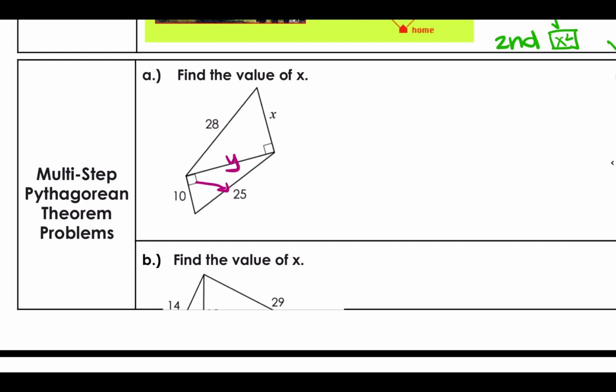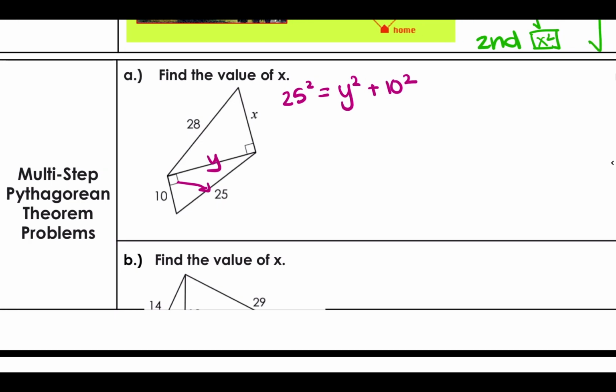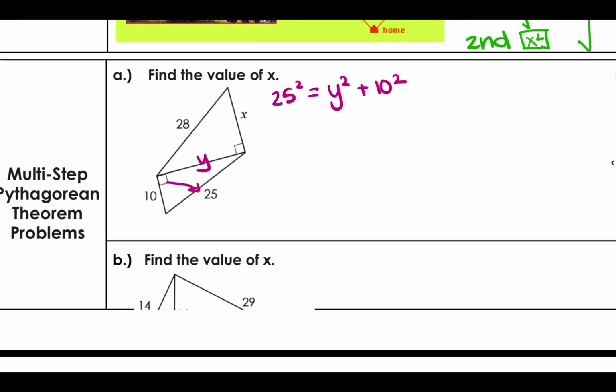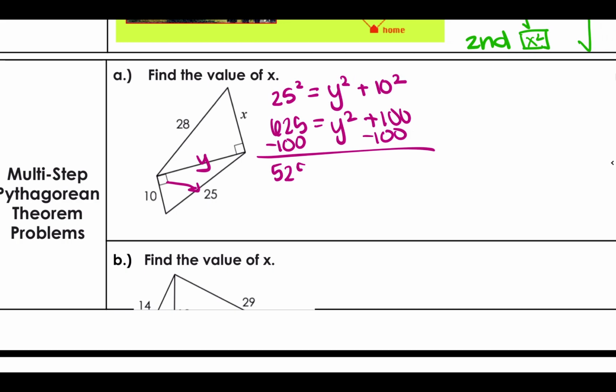So to find y first, we have to do the Pythagorean theorem twice. 25 squared is equal to y squared plus 10 squared. 25 squared is 625, and that's equal to y squared plus 100. Subtract 100 from both sides. We get 525 is y squared.